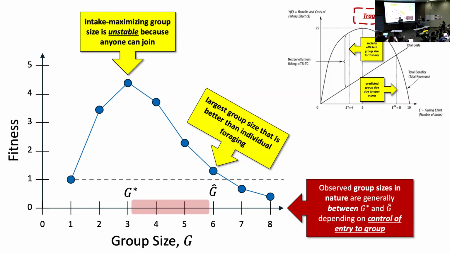But if it's relatively free for individuals to join, then you find that it goes to G hat. You pretty much never see groups larger than G hat, because in that case, it's better to just go alone. So the majority of group sizes you see in social foraging are between those 2 numbers. And it comes down to, again, an animal version of the tragedy of the commons.